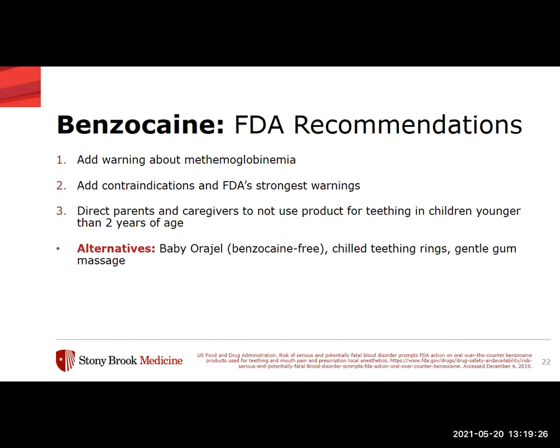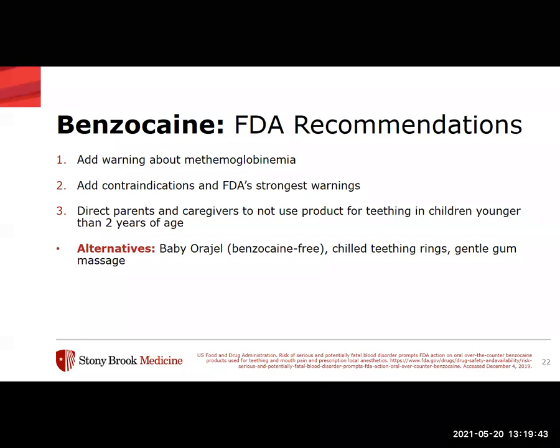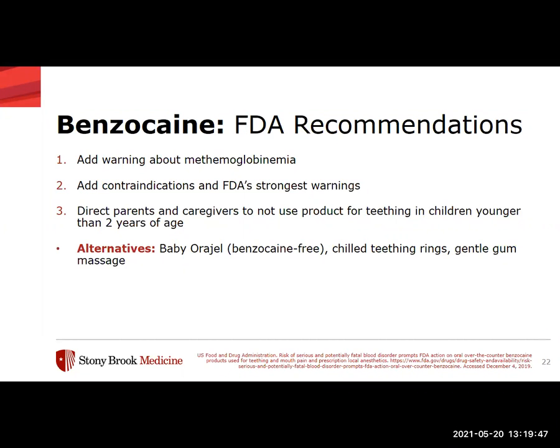In light of these ADRs, the FDA released recommendations regarding the risk of benzocaine use. So the FDA recommended a labeling change to include a warning about methemoglobinemia as well as contraindications for use. Additionally, the FDA recommended parents and caregivers to not use benzocaine for teething in children younger than 2 years of age.